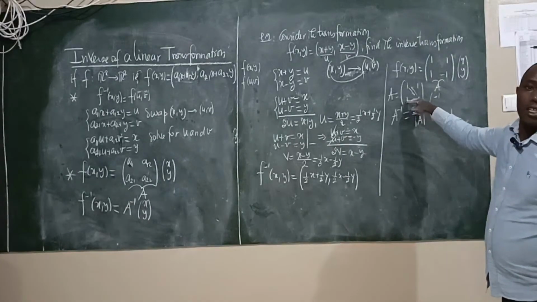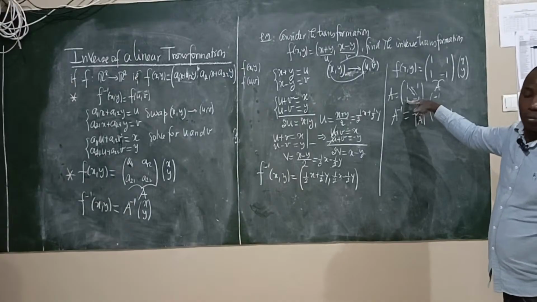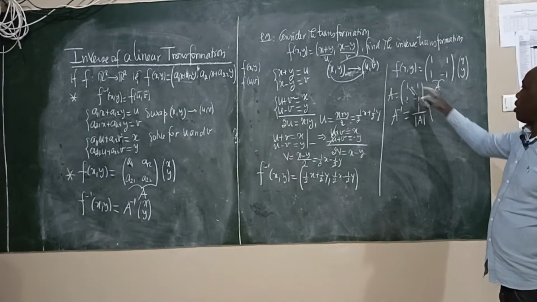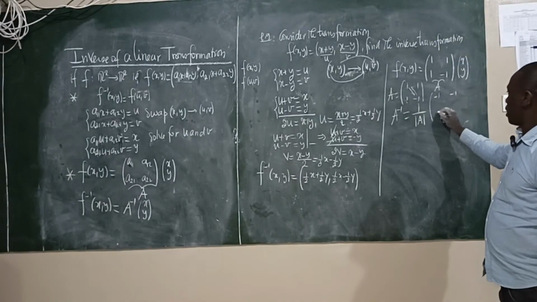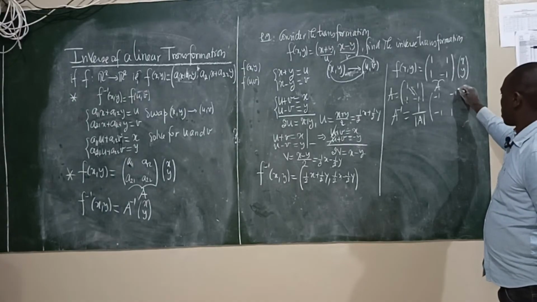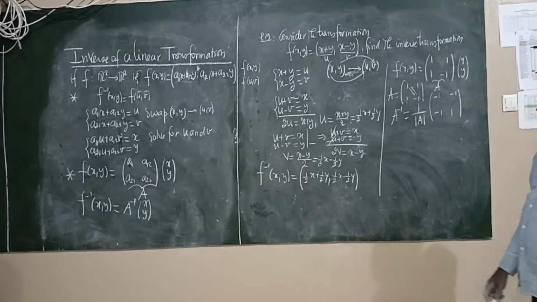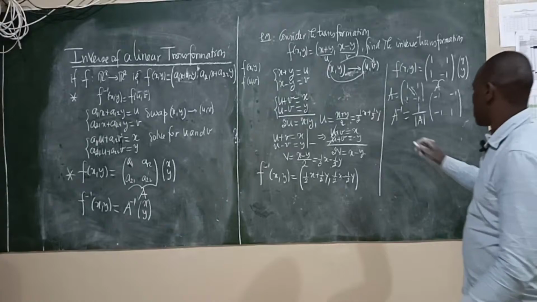The second diagonals are multiplied by minus 1. That's why here we are going to multiply by minus 1, even here minus 1. The problem is now, what is the determinant of the matrix A?